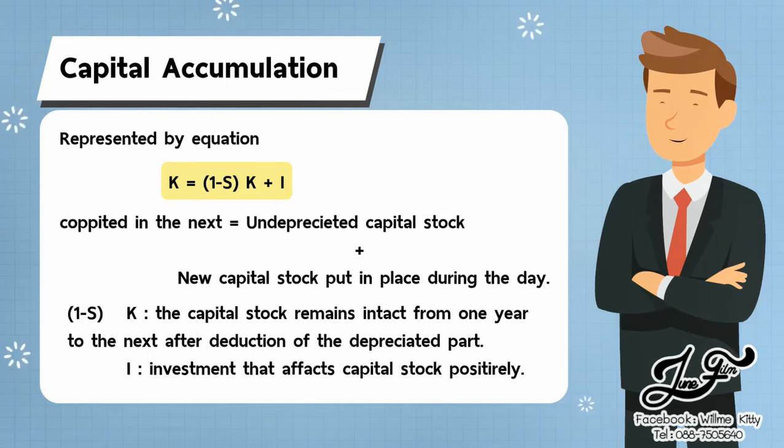First, (1 minus delta) times K is the capital stock remaining intact from one year to the next after deducting the depreciated part. Second is I, which is the investment during the period. It gives a positive effect to capital in the next period.